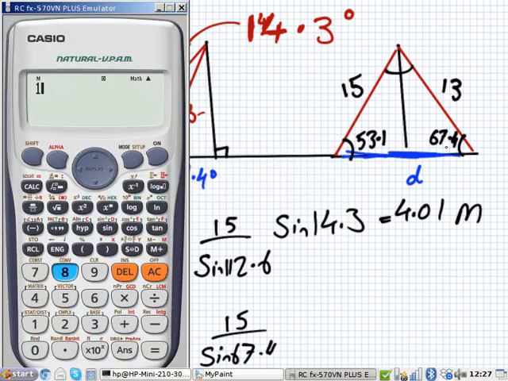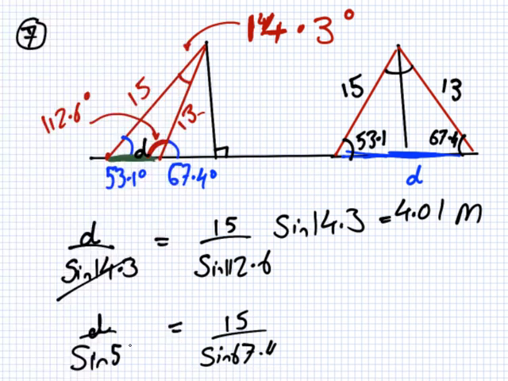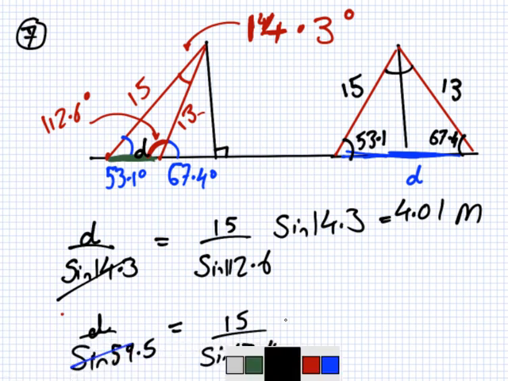So let's just get that. That is 59.5. So I'll just cancel this and bring it up here. That's 0.4.